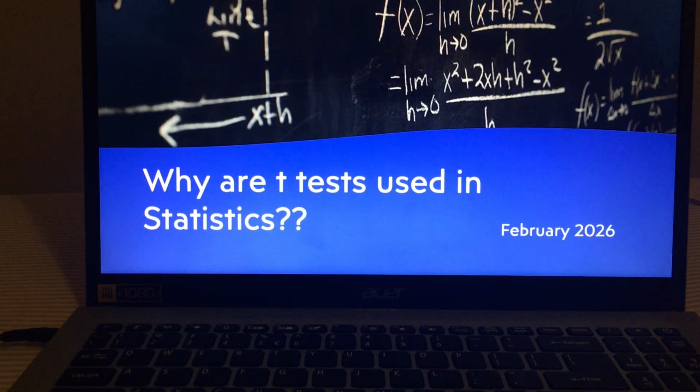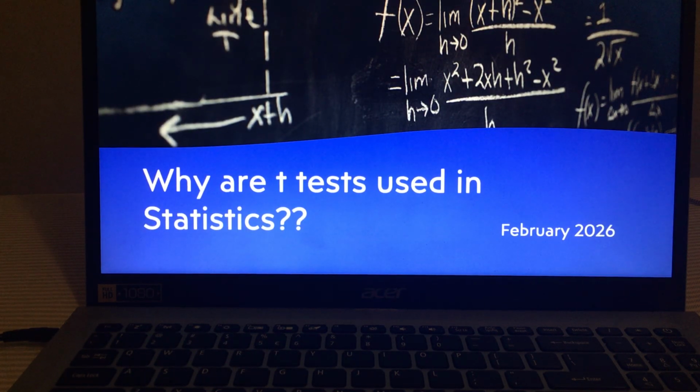A 1 sample mean t-test is also known as a single sample mean t-test. It's very similar to the 1 sample mean z-test that we just did. It is also used when we have data from one group and the variable that we're studying is measured on an interval or ratio level scale.